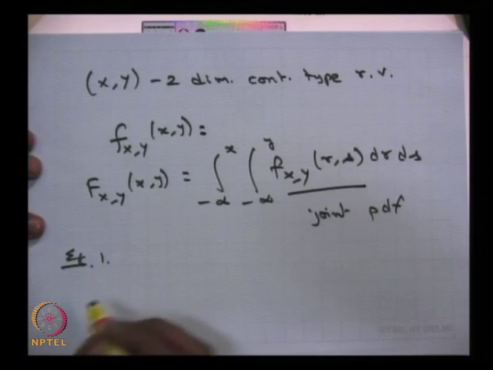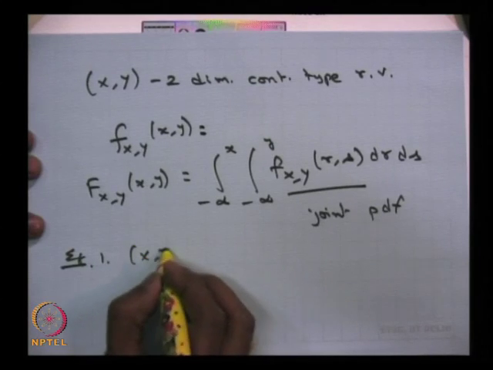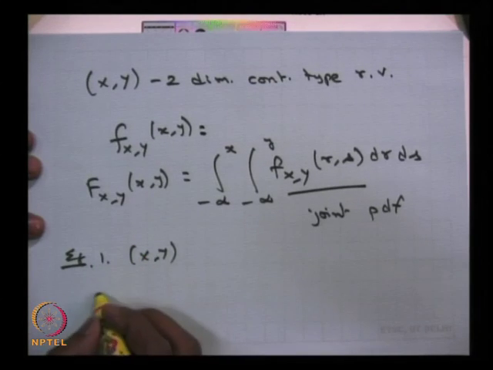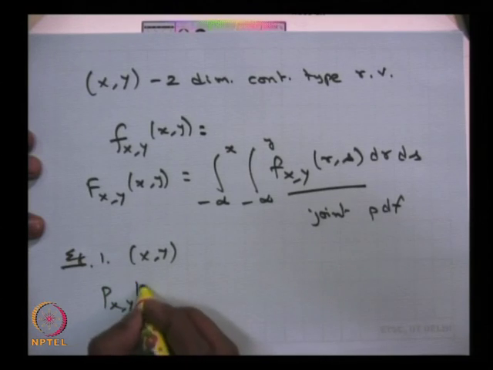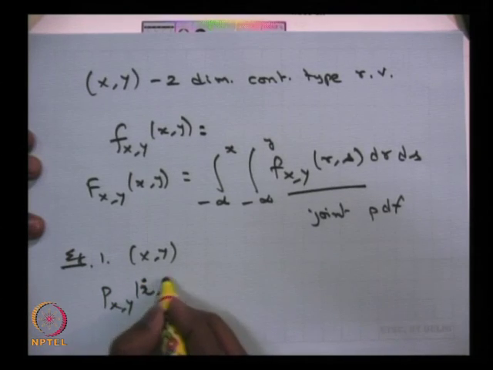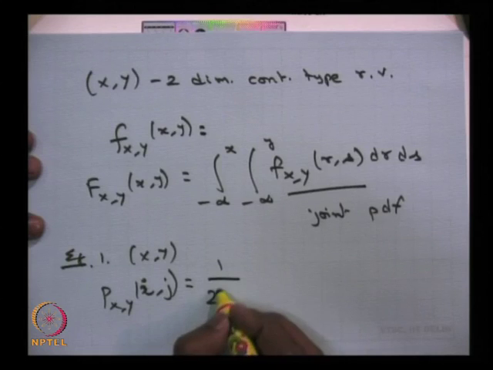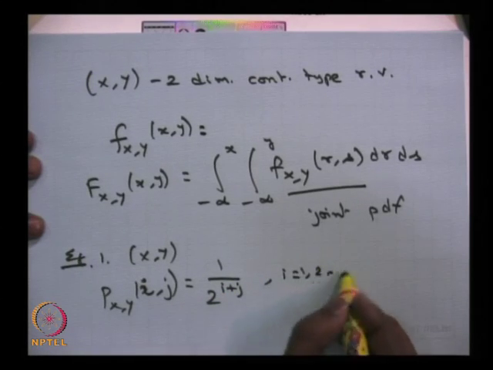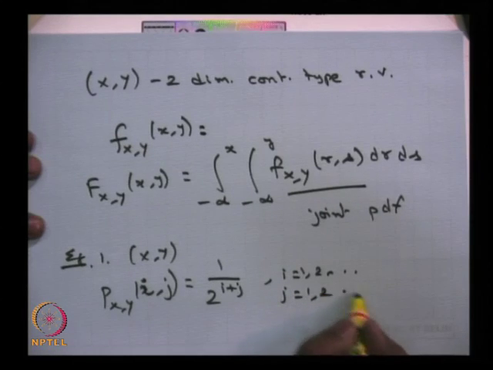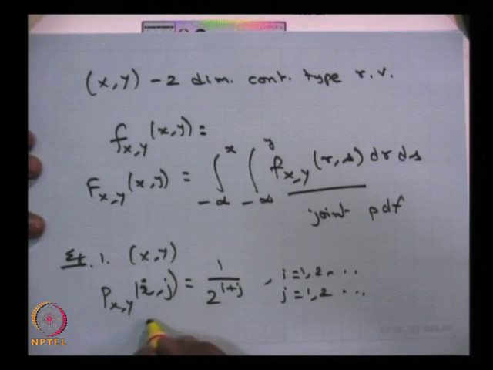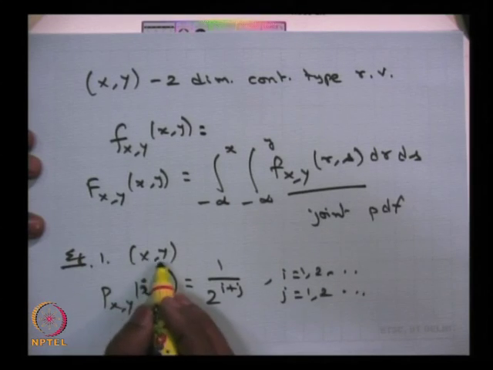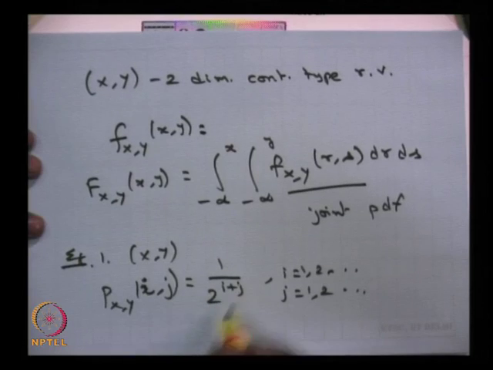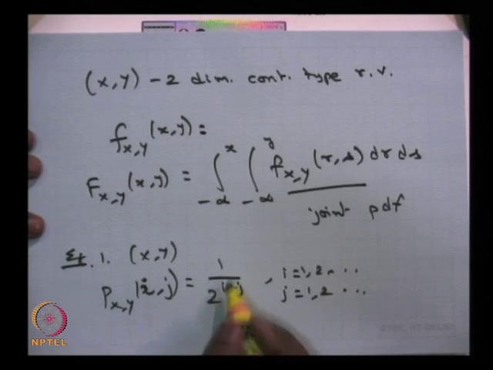In example 1, suppose both random variables x comma y are discrete type. I can give one simplest example: p of i comma j is equal to 1 divided by 2 power i plus j, for i belonging to 1, 2 and so on, and j taking the values 1, 2 and so on, and this is going to be the joint probability mass function for the two-dimensional discrete type random variable. If you make the summation over i and the summation over j, then that is going to be 1.